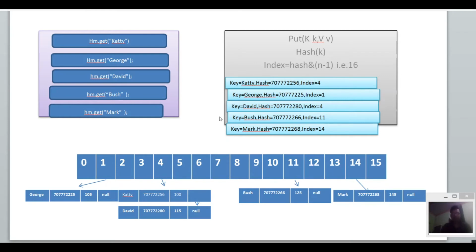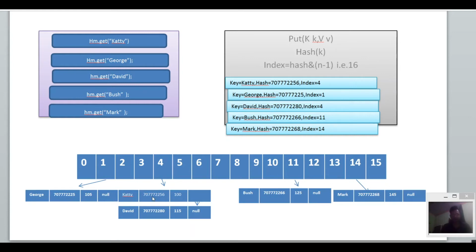So first the calculated hash code will be checked against the hash code stored on index number 4. Yes, both are equal.